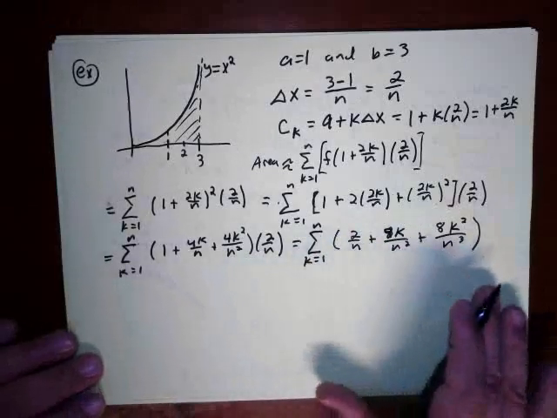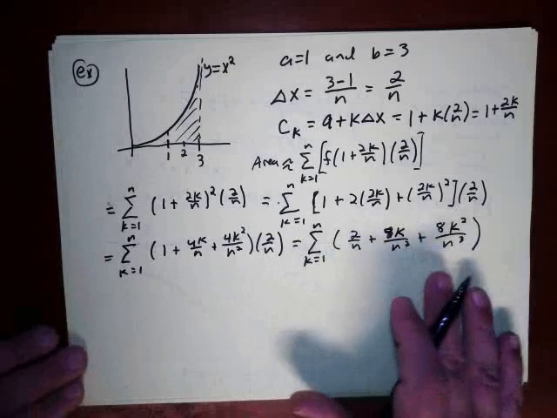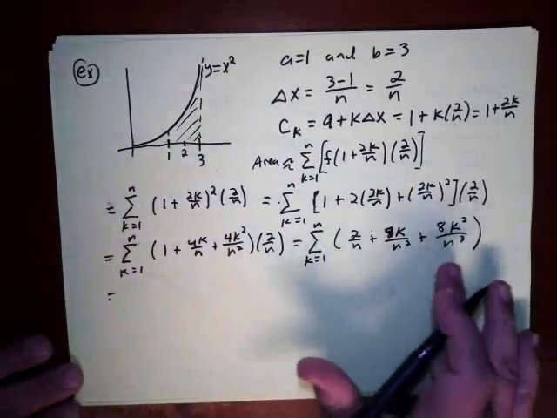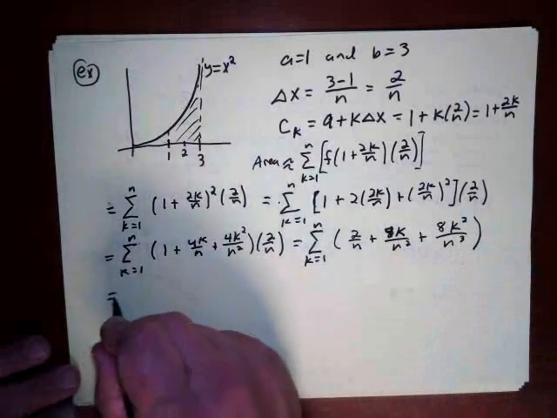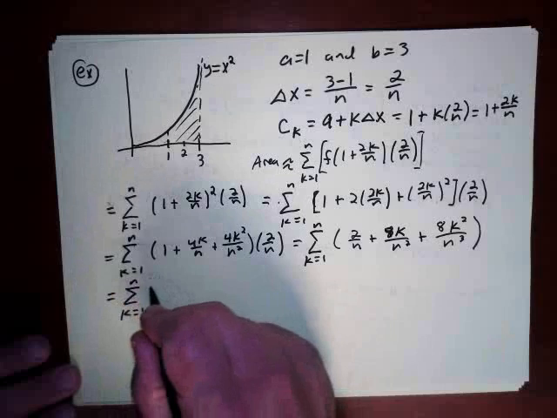So now I'm going to break up this over the sums and pull out, well, let me just break it up over the sums first. Really write the steps out to make them clear.